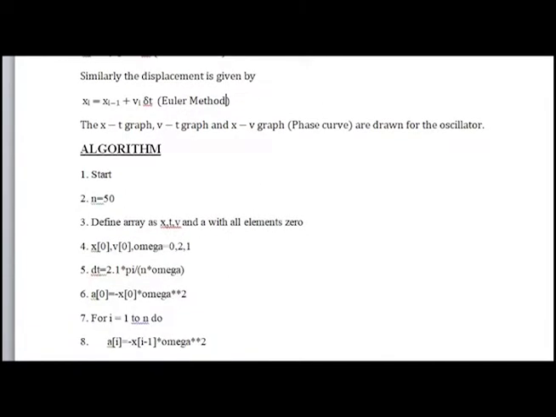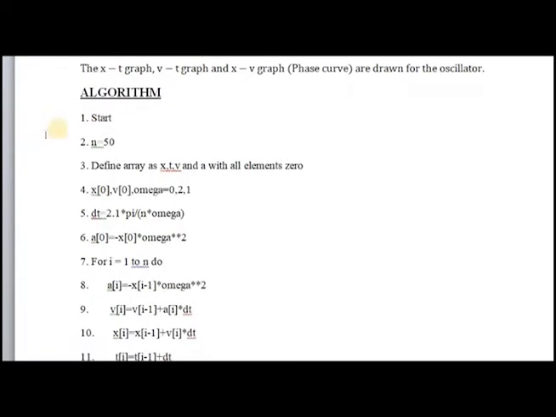Before going to the program, we'll discuss the algorithm. In the beginning, as usual, you'll have to start with a start. Then we'll take the number of steps required for the iteration, and let us assume n is equal to 50. So what all things are needed? X is needed, T is needed, V is needed.